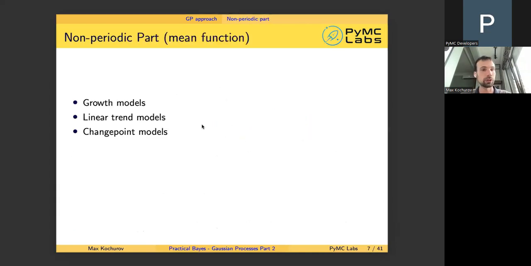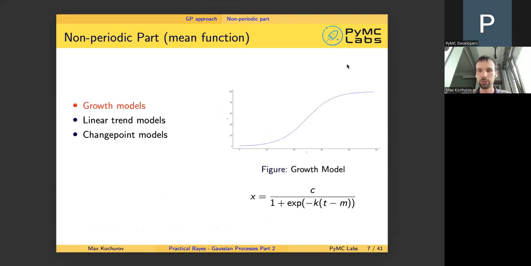In the non-periodic part, you can put growth models, linear trends, many of them, or change point models. The basic idea is to represent the physical process of evolution of the observed variable over time.